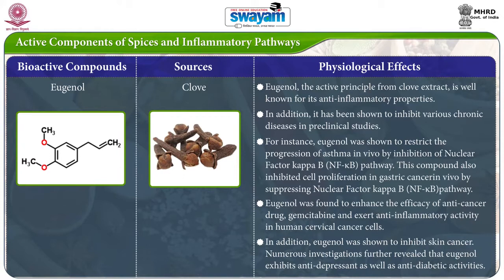This compound also inhibited cell proliferation in gastric cancer in vivo by suppressing the nuclear factor kappa B pathway. Eugenol was found to enhance the efficacy of the anti-cancer drug gemcitabine and exert anti-inflammatory activity in human cervical cancer cells. In addition, eugenol was shown to inhibit skin cancer. Numerous investigations further revealed that eugenol exhibits antidepressant as well as anti-diabetic activities.